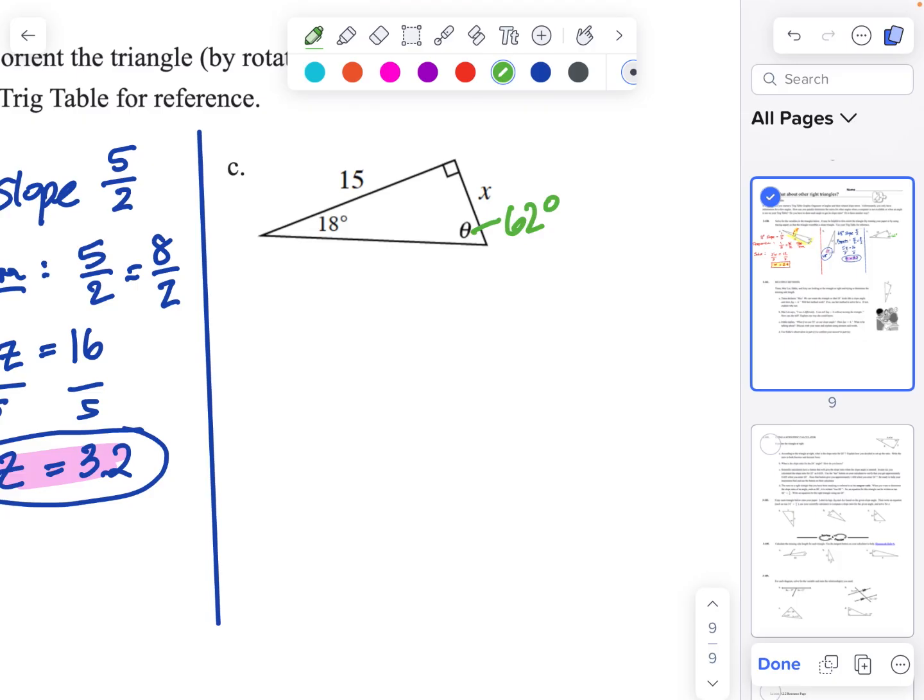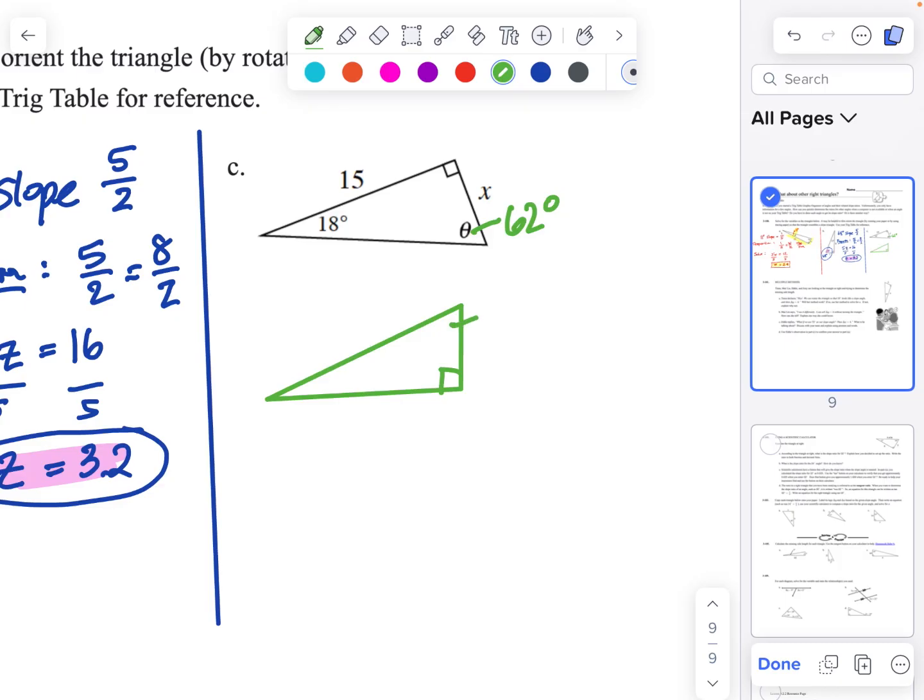Sometimes it helps to rotate the triangle around, because right now it's sitting on the hypotenuse, and sometimes that's confusing. We want to make it sit up straight. So if I did that, I could do it either way. I'm going to spin it around so that it's more like this.